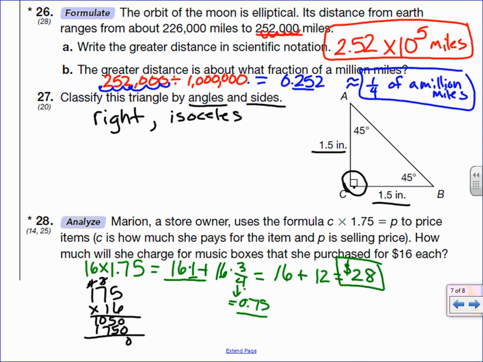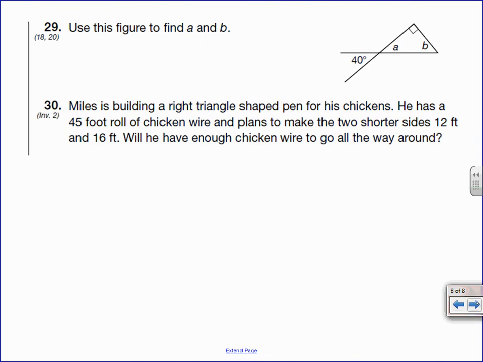Add the zeros. 10, 18, 8, and 2. And then we ignored 2 decimals, so we go over 2 places, and we get $28 this way as well. It's always nice to be able to check your answer using another method.